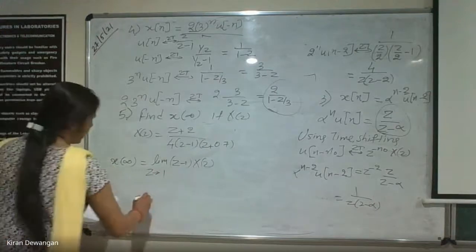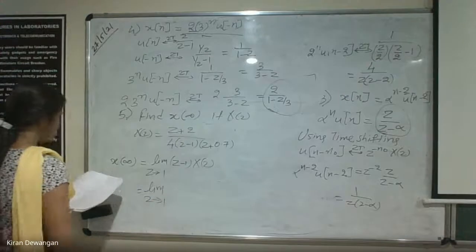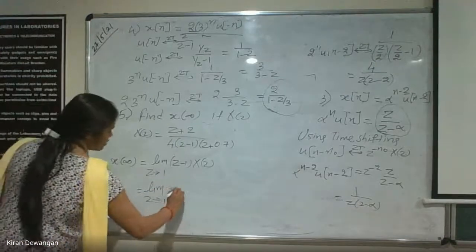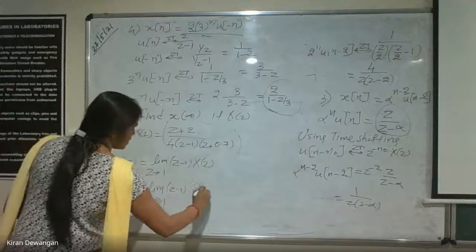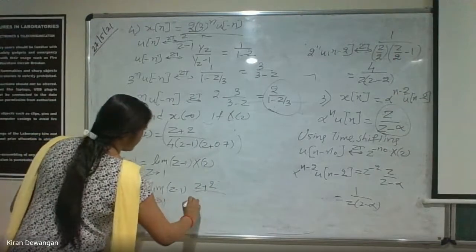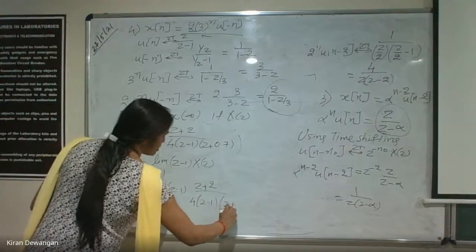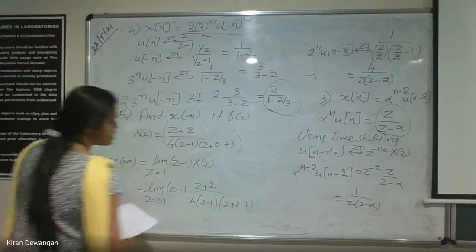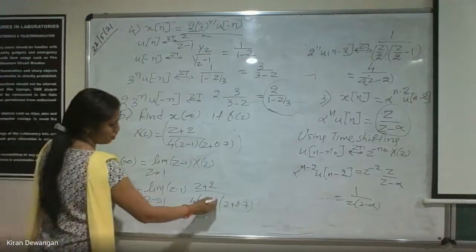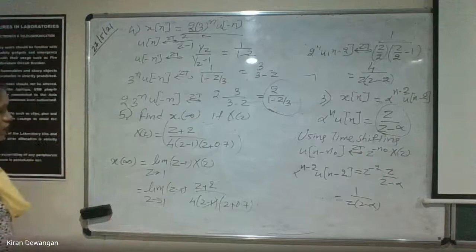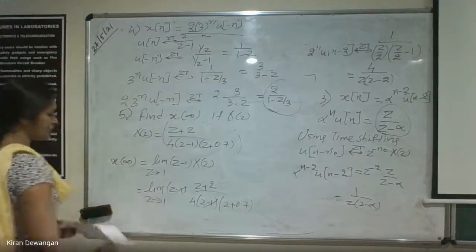Now if I am applying this, limit z tends to 1, z minus 1 into x of z, which is z plus 2 by 4, z minus 1, z plus 0.7. Now I am having z minus 1 in the numerator and in the denominator also, so that will definitely get cancelled out. Wherever z is there, we can just apply the value, z tends to 1.